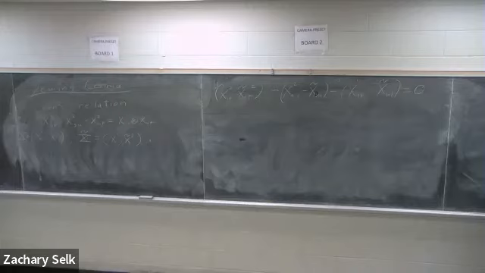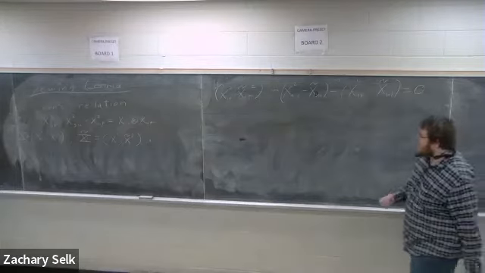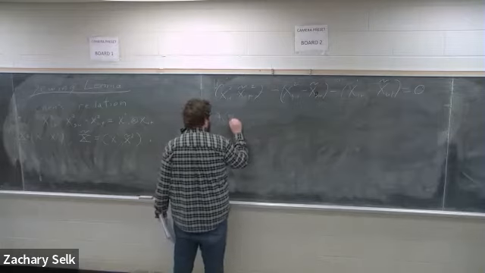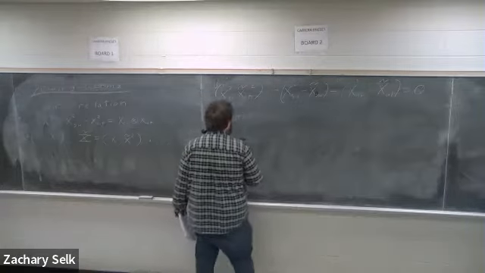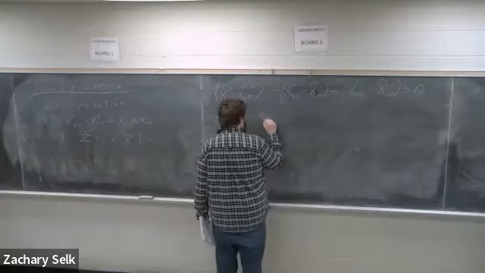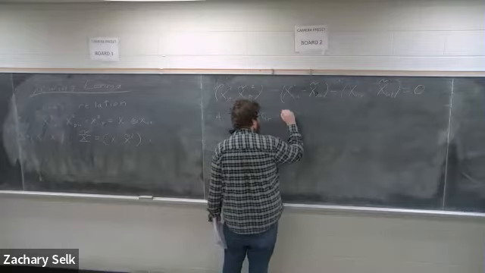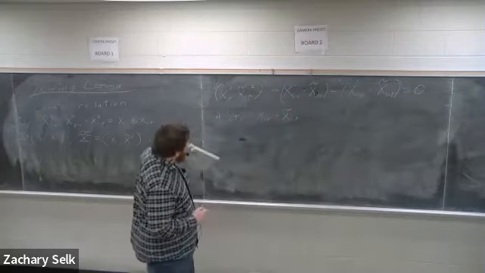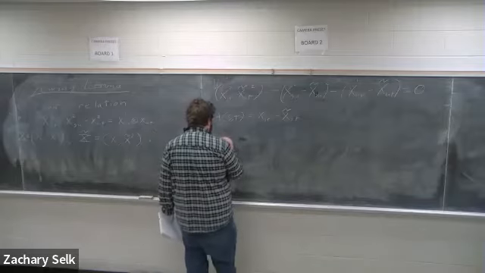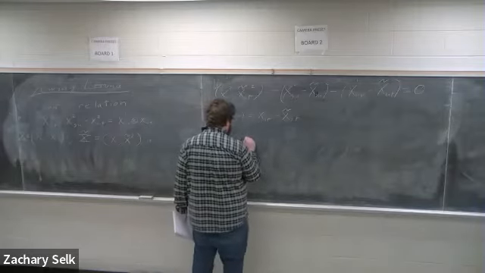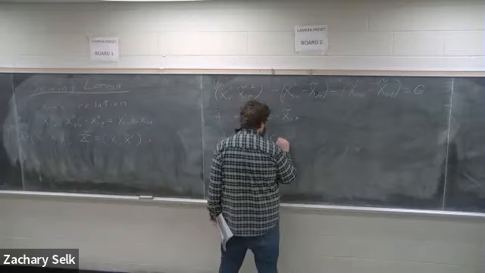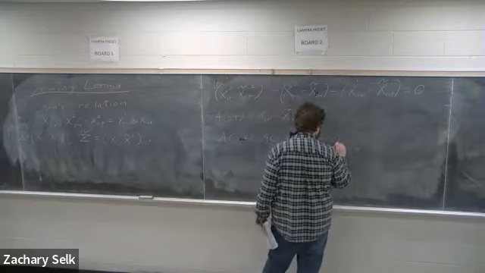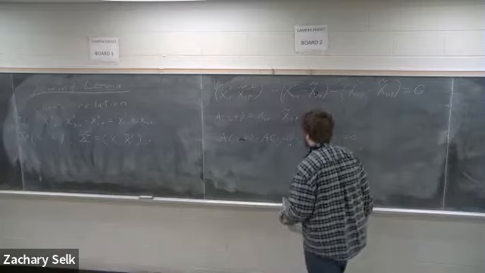Now you can show that if you define A of st to be X_st minus X tilde_st, this difference, then what does this say? This says that A_st minus A_su minus A_ut is equal to 0.